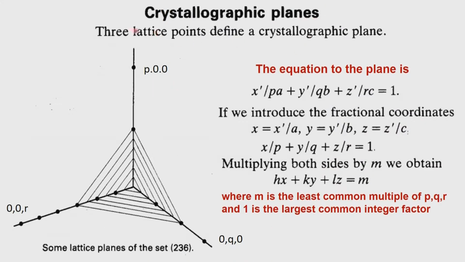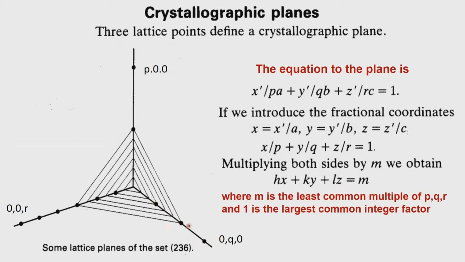In case of a crystallographic plane, we need 3 lattice points. The diagram below represents the plane 2, 3, 6. That is because I have shown 2 units along this direction, and then you see the lattice points: along the vector r it is 1, 2, 3, 4, 5, 6, along the vector p it is 2, and along the vector q it is 1, 2 and 3.